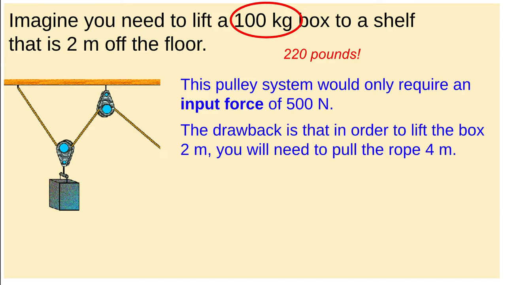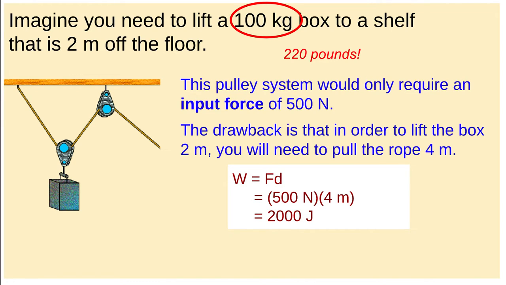Okay, it's not just 2 meters of rope to lift it 2 meters off the floor. You actually have to pull the rope 4 meters. So the work ends up being the same. You exert 500 newtons as the rope moves 4 meters, and that's still 2,000 joules of work.